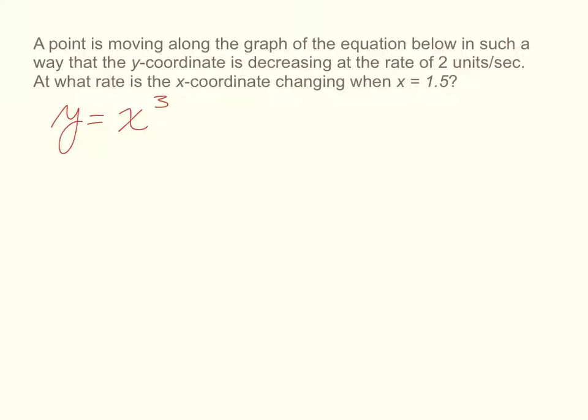In this scenario, we have an equation, y equals x cubed, and a point is moving along this graph at a rate of negative 2 units per second in the y direction.